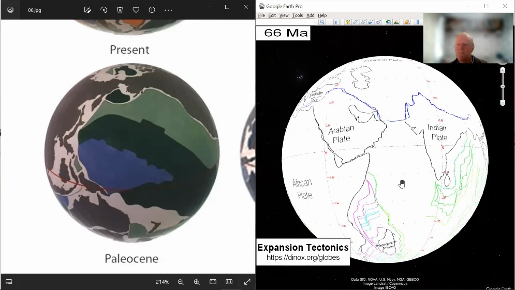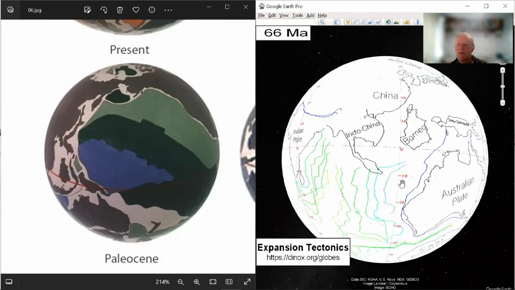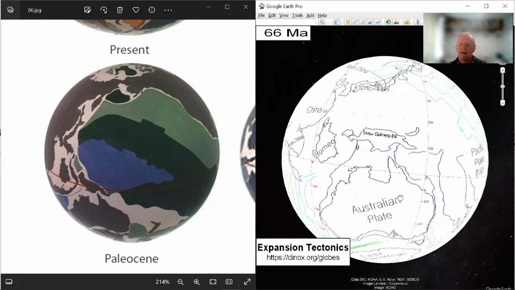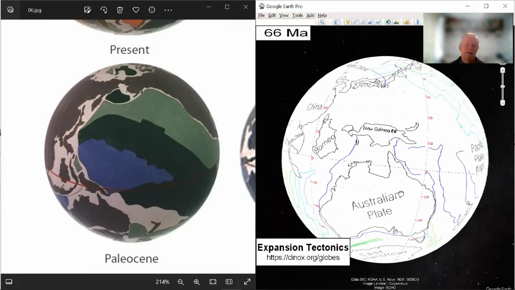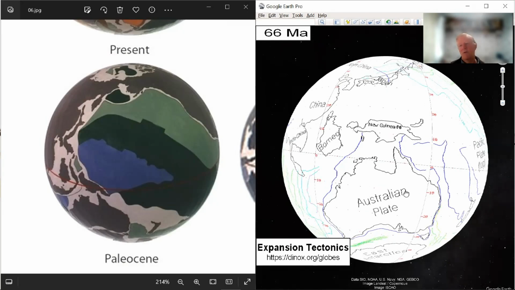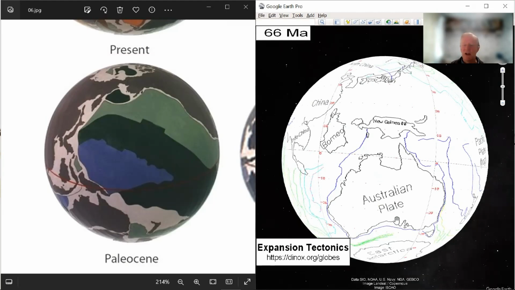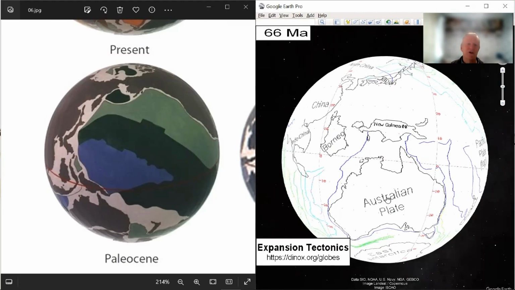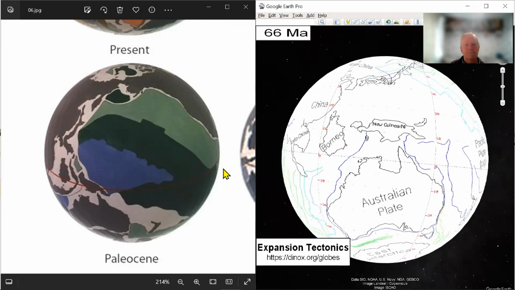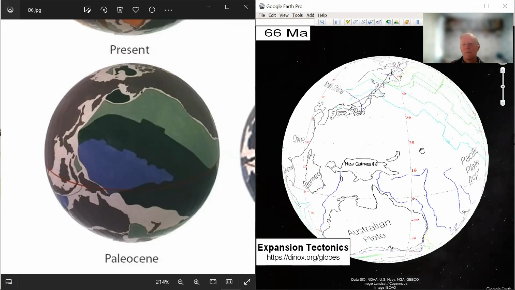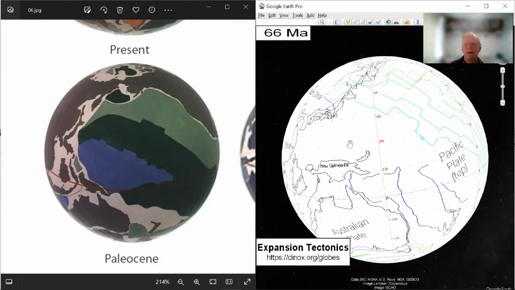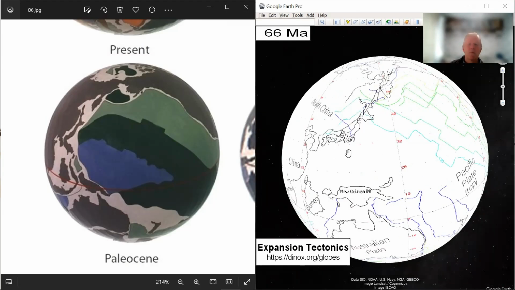Now back to Australia again. And again, I've got Australia further up, just because of the ocean floor ages. And it looks pretty similar.